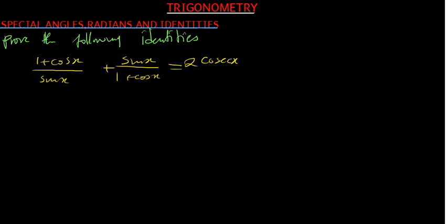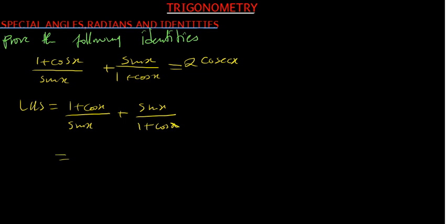So again, the one which is looking a bit complicated in this case is the left hand side. So the left hand side, (1 plus cos x) divided by sin x, and then plus sin x divided by (1 plus cos x). So the way we take this is we are also going to multiply these.